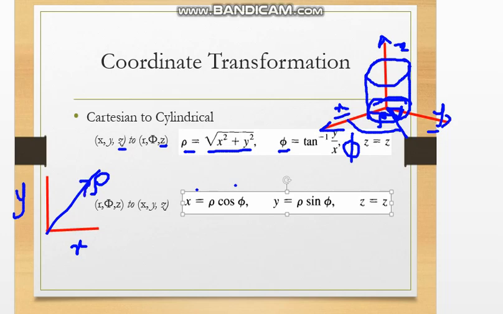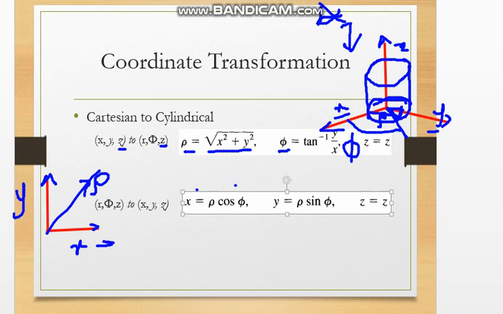If you look from here upside down, you can find out that rho is equal rho, and that is x axis, that is y axis, as we know.